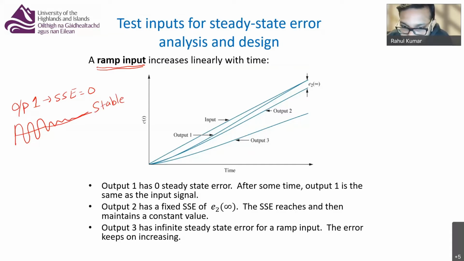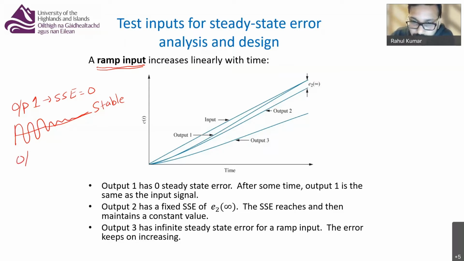Similarly, let's talk about output 2. Output 2 also starts from the same point, and if I follow output 2, at this point I will have some constant error, E2. This error is neither reducing nor increasing.